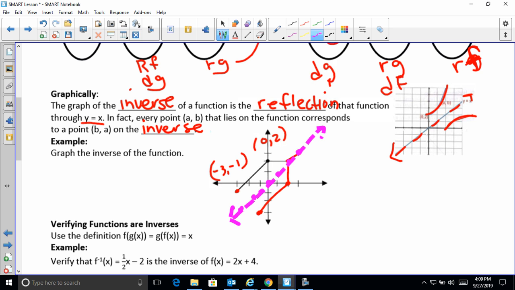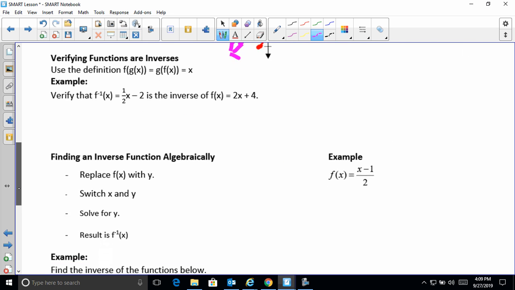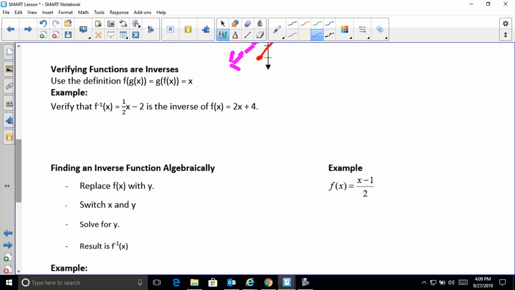How do we verify something is actually an inverse? Well, we've used that definition when we said f of g of x is equal to g of f of x, and they're both equal to x. So we're going to verify that this inverse is actually the inverse of that function. We'll start with f of the inverse.